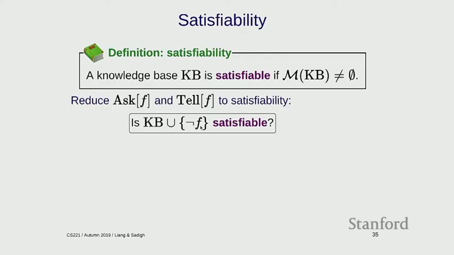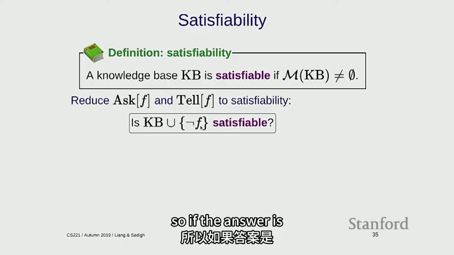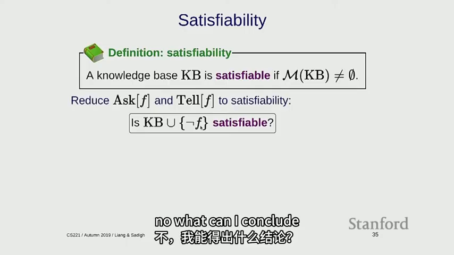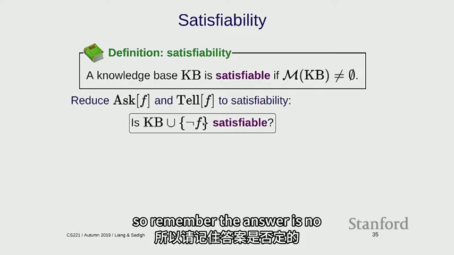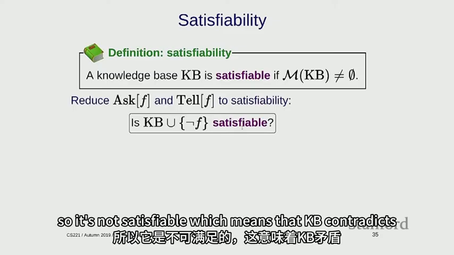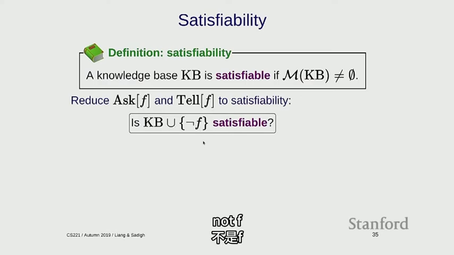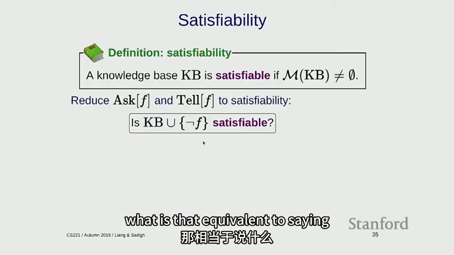So if the answer is no, what can I conclude? Remember, the answer is no, so it's not satisfiable, which means that KB contradicts not F. And what is that equivalent to saying?